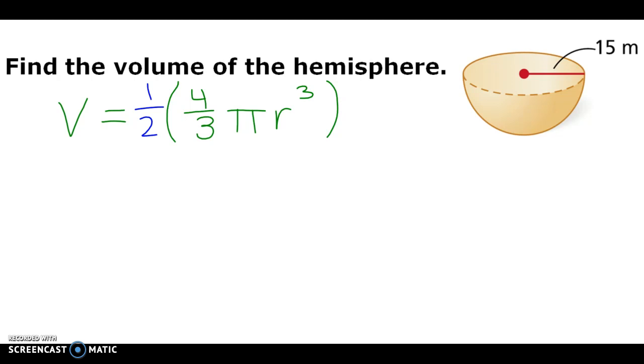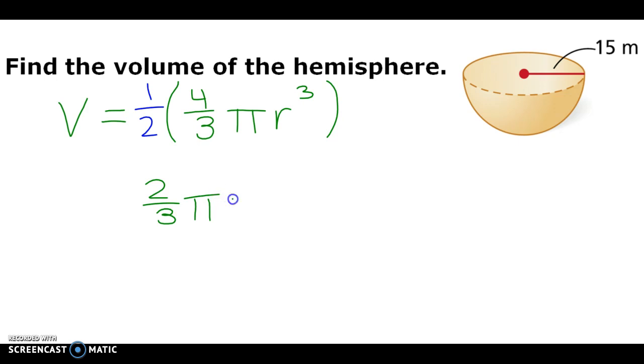How do I multiply 1/2 times 4/3? Straight across, right? So what is 1/2 times 4/3? 1 times 4 is 4, 2 times 3 is 6, correct. Which simplifies to 2/3.